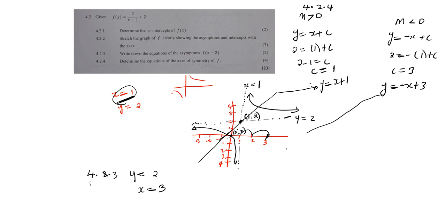So this one, we are saying it will cut the y-axis at positive 3. So it goes like this. All of them, they must pass through the intersection of the asymptote. Now let's proceed.